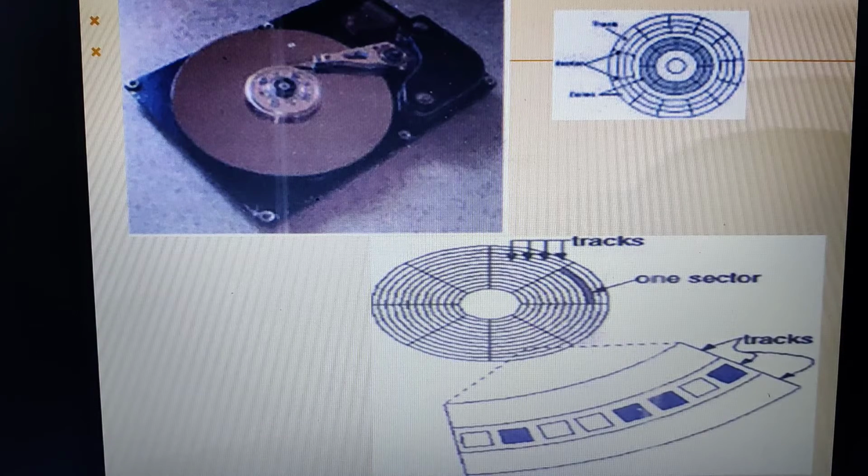If you want to play any song randomly, the hard disk supports that, because it is a direct access storage medium. Suppose you have 100 songs and you wish to play the 50th song. It will let you jump directly to that particular location and play that audio or video song.